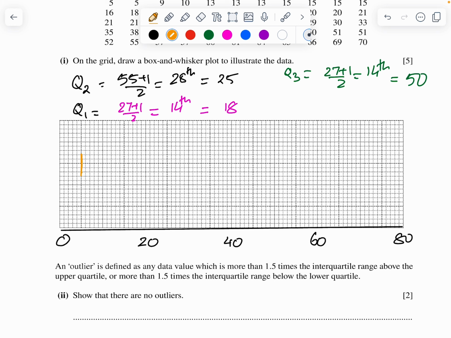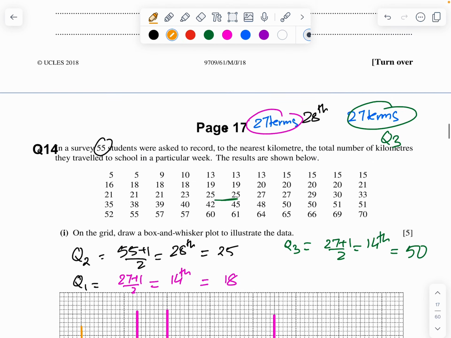Then Q1 is 18. Q2 is 25. Q3 is 50. And the highest one is 70.